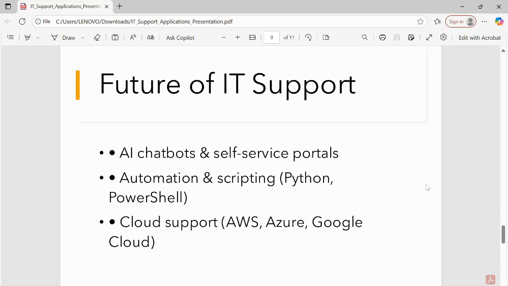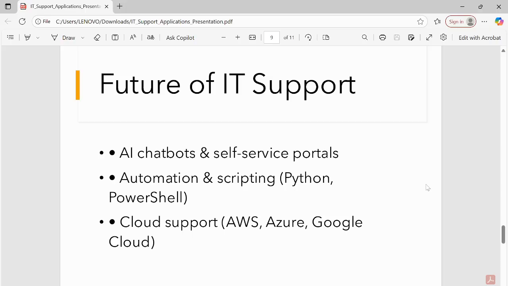Currently, as we all are aware, many things are going through automation or AI-based, so there is no extra support needed from human beings, basically, in the IT support role, for troubleshooting or everything on the user machine. This can happen automatically by using AI.